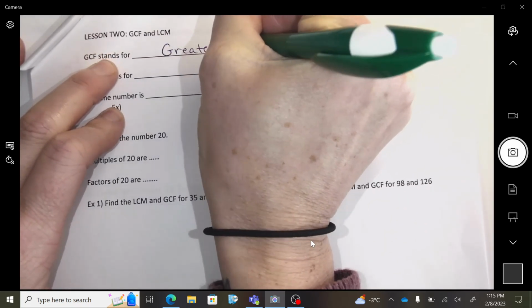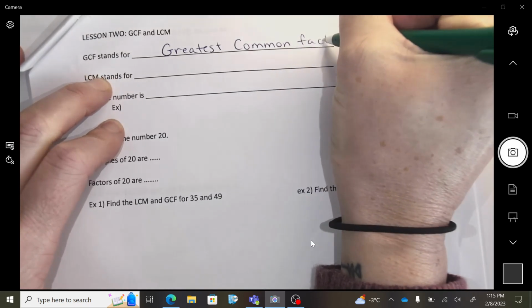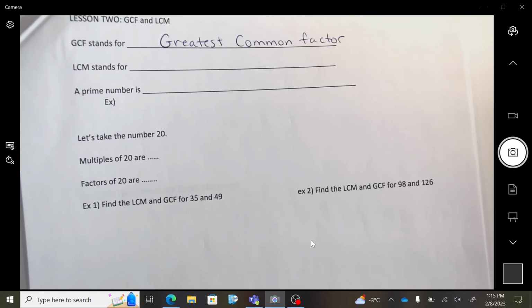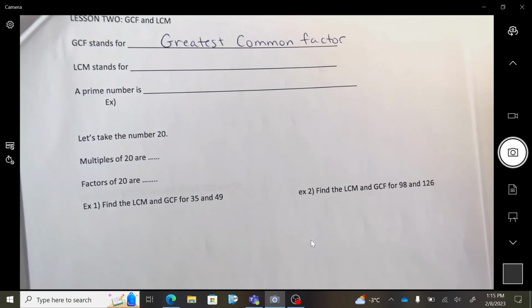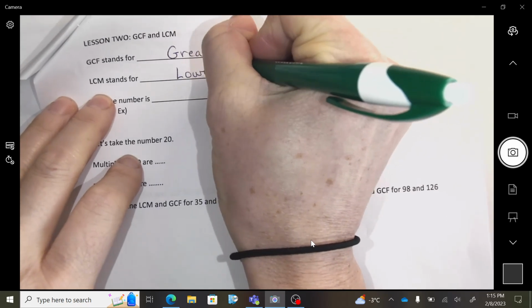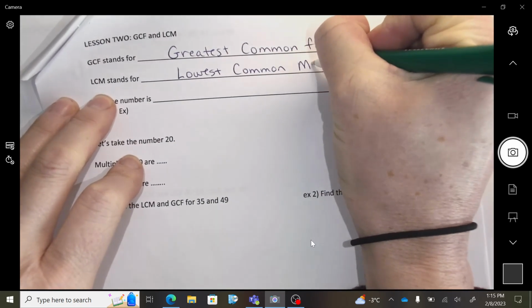Greatest common factor. And yeah, lowest or least, I don't know what I usually say, lowest common multiple.